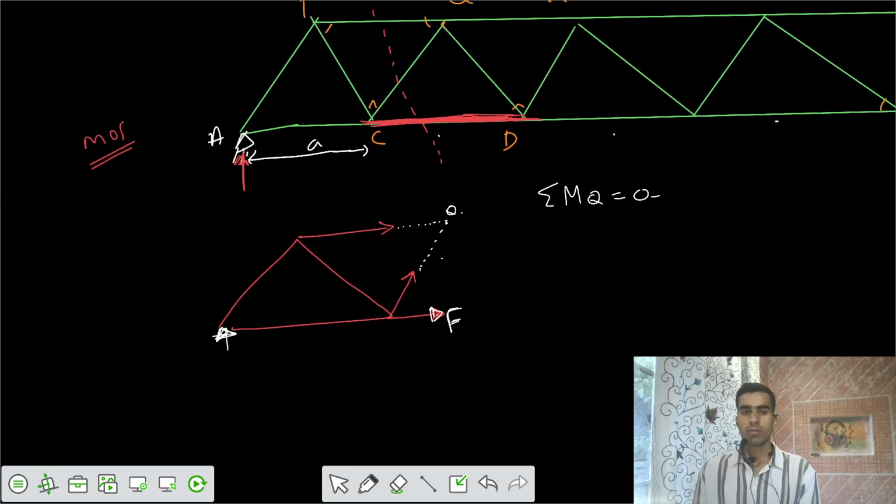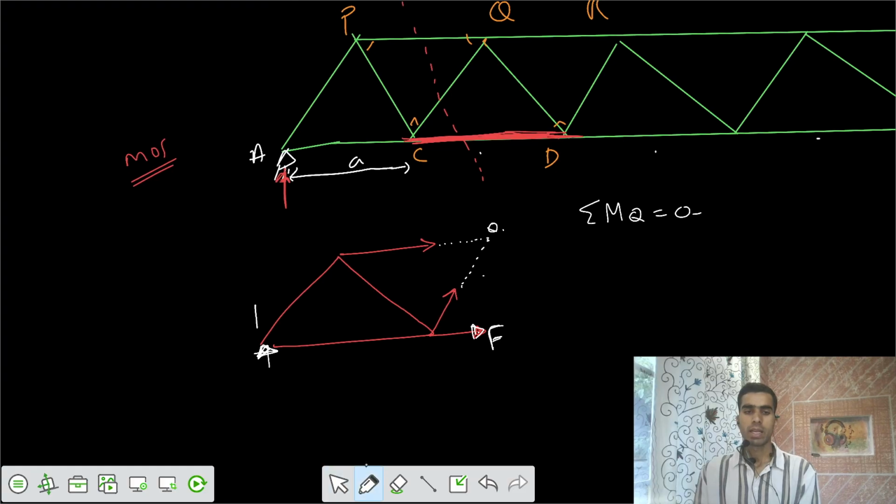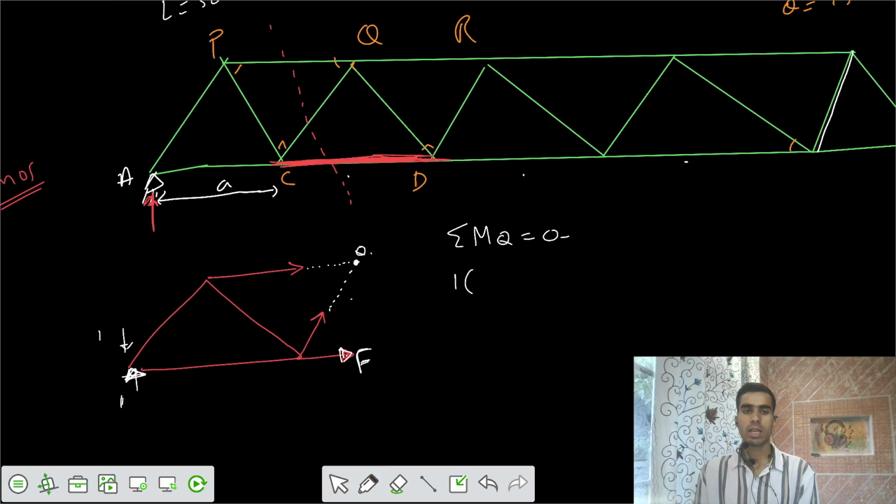Now, for the first case, the load is placed at joint A. If the load is at point A, there would be a reaction RA that equals 1. If I solve for that, the moment would be 1 times the length up to the point Q. What is the total length up to the point Q?